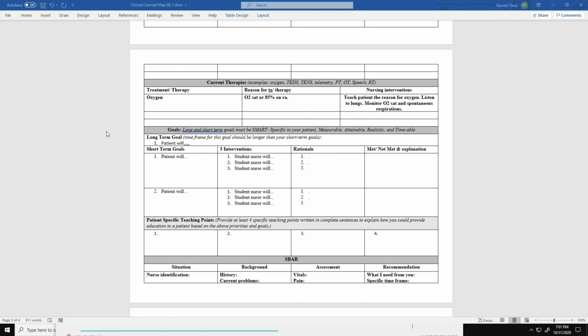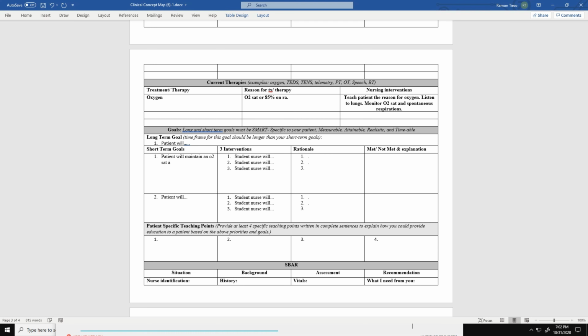Okay, so when you come down here to your goals, your short-term goals or a long-term goal, the patient will, and that would be a long-term. But let's take a look at your short-term goals first.